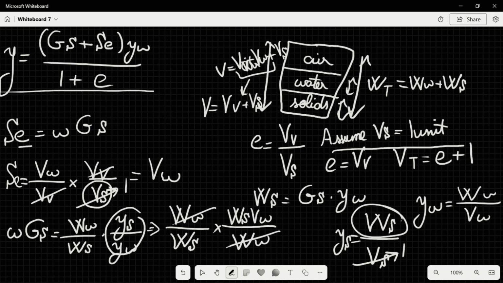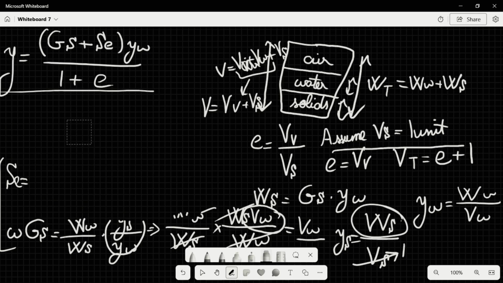And we can see here that the weight of water will cancel out up and down, and the weight of solids will cancel out up and down, and you're left with the volume of water. And thus, we can now prove this relation above, since S times E, the degree of saturation times the void ratio, is equal to the volume of water, and since omega times GS is also equal to the volume of water, then SE indeed will equal W times GS.